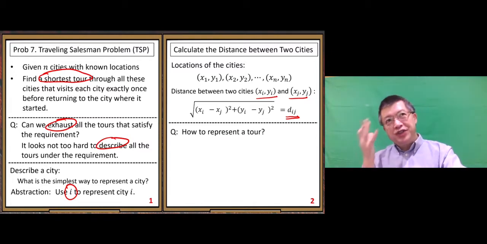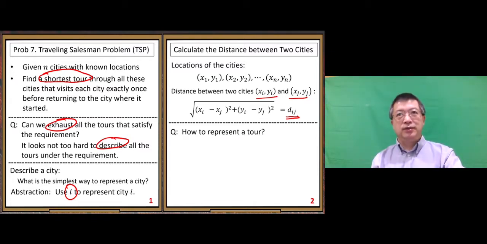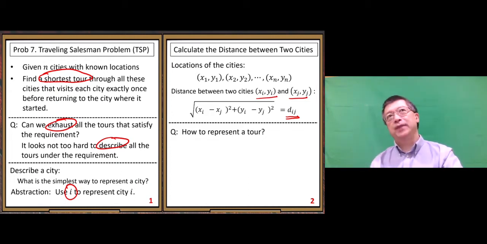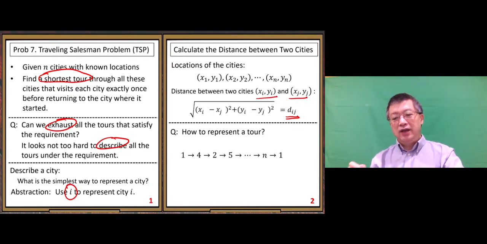After we represent cities just using numbers, how to represent a tour? Next question: how to represent a tour in a simple way. This tour should cover all the cities, each city only once. Look at it this way.